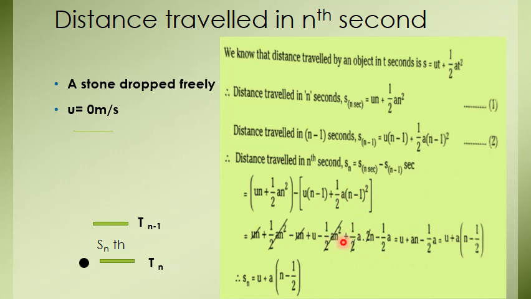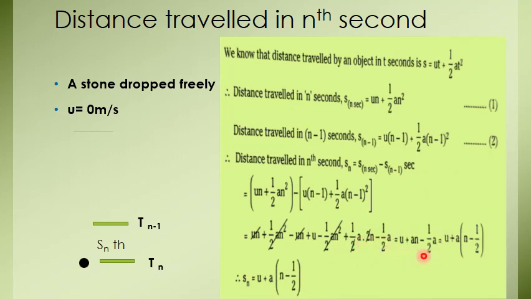What you will get is half an square plus half a into 2n minus half a, which is equal to what? When you simplify, un minus un gets cancelled, half an square minus half an square gets cancelled, and what remains is u and a into n, an minus half a. These three only remain.